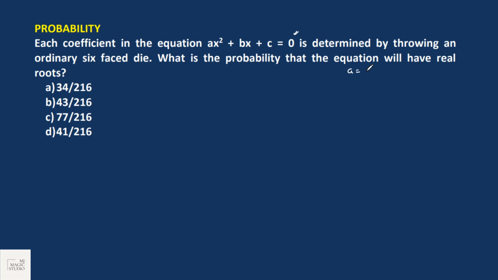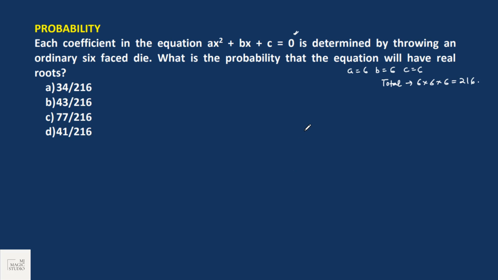First of all, a can take 6 values from 1 to 6, b can take 6 values from 1 to 6, c can take 6 values from 1 to 6. That means the total number of cases that we can have for a, b, c is 6 into 6 into 6, that is 216 cases.